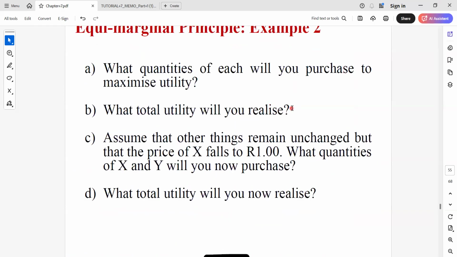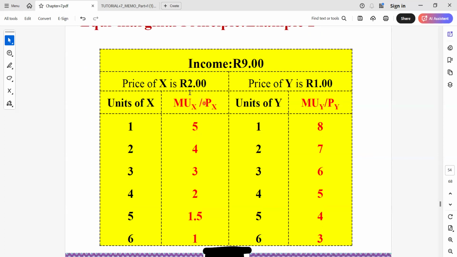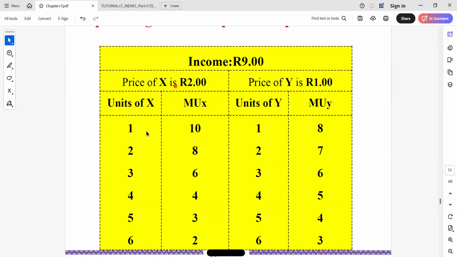So you get 39. Then say, assume other things remaining unchanged, ceteris paribus, but the price of X falls to 1 rand. What quantities of X will you now purchase? So the price for X is now 1 rand. So you just come here and calculate your marginal utility divided by price again.